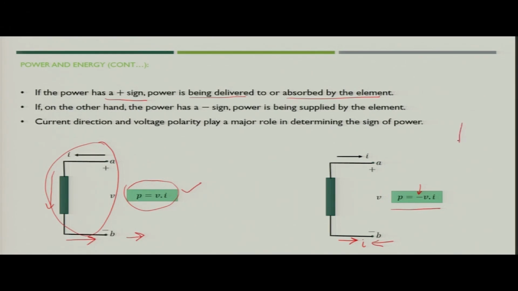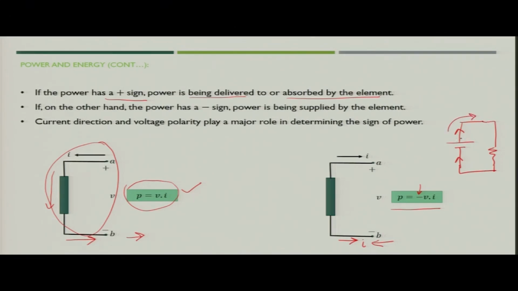If you see the equivalent diagram of a battery, you will generally say that the battery supplies current through its positive terminal and it comes back via the negative terminal. If you connect a resistance, you will see that the current is flowing in this direction.